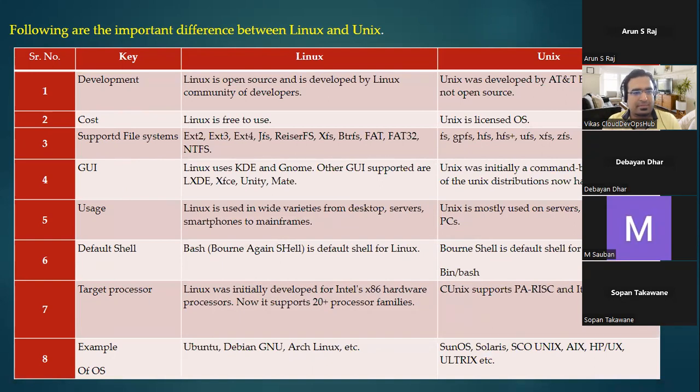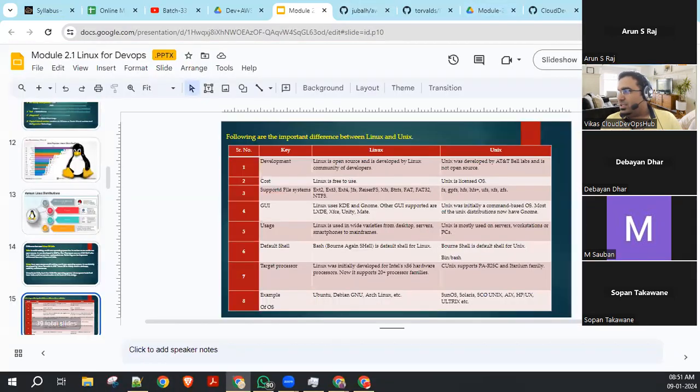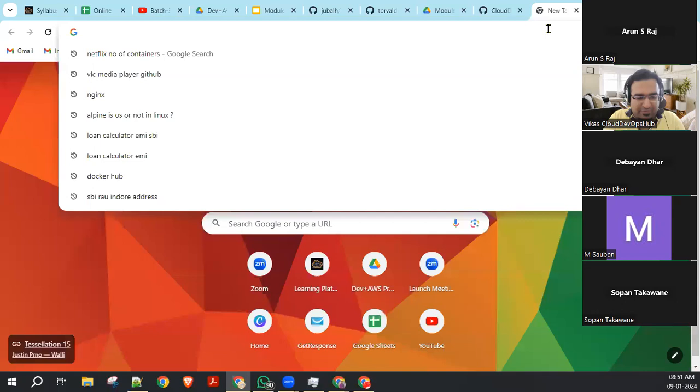Sir, I want to know about the KDE. What is the KDE? See, you have to understand that in the Linux GUI, with the help of mouse, you are able to perform this activity. With the help of console, you are able to perform this activity. KDE, I can't remember the full form.